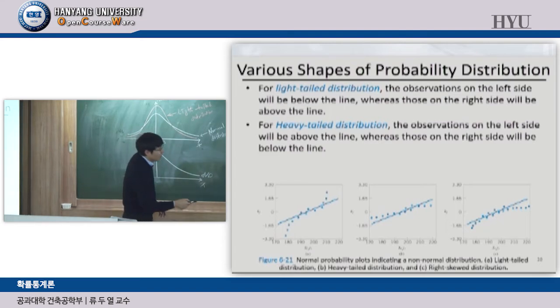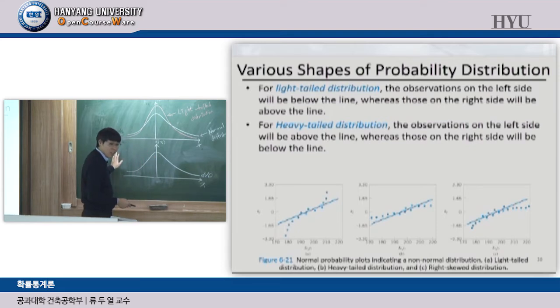And for the case of the heavy-tailed distribution, we have a higher probability at the tail, okay?